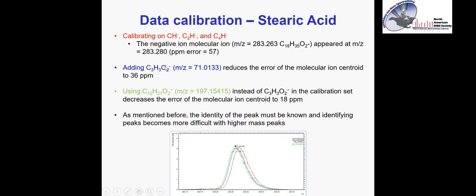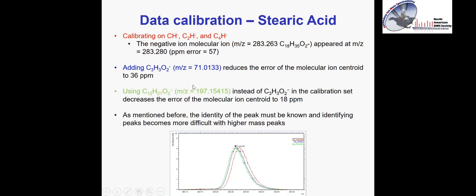If we then add a slightly higher mass ion to the calibration set, it reduces the molecular ion centroid error to 36 ppm. And then if we add a subfragment of stearic acid, the C12H21O2, to the calibration set instead of the C3H3O2, it reduces the error in the molecular ion centroid down to 18 parts per million.